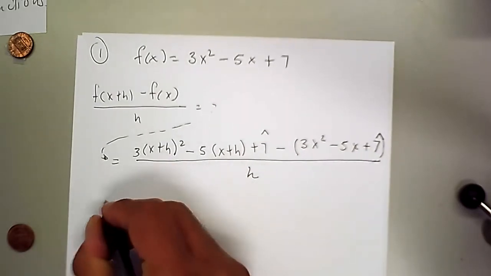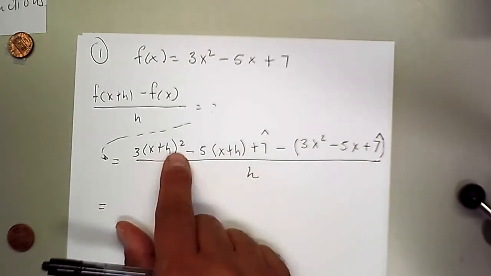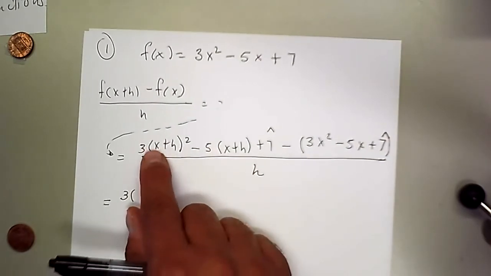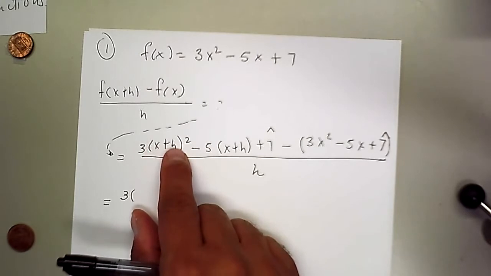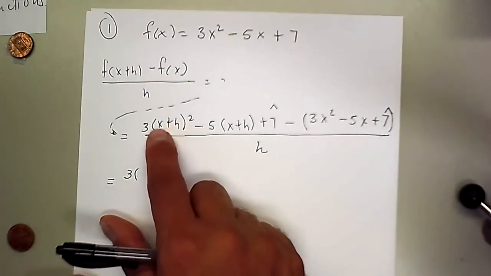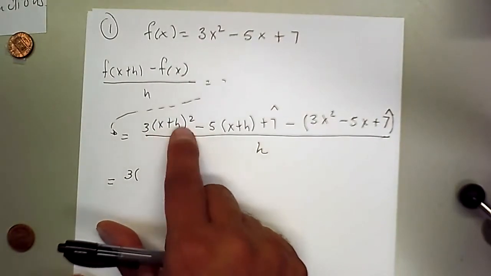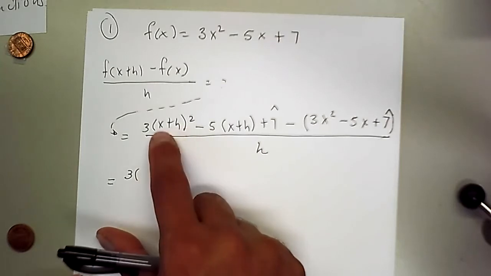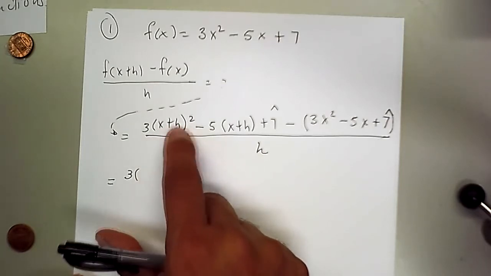While that is happening, we are going to FOIL this out. 3 times, now remember, this is x plus h times x plus h. I'm going to let you figure this out. If you want to pause the video so that you can convince yourself of what we're going to get after doing x plus h times x plus h, go ahead.